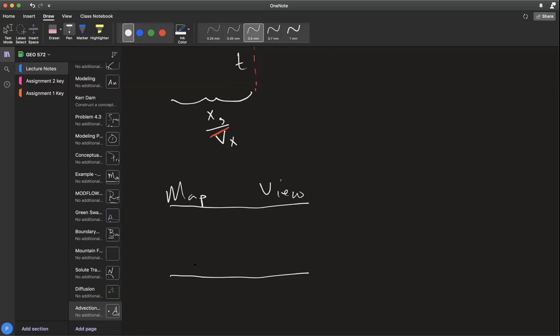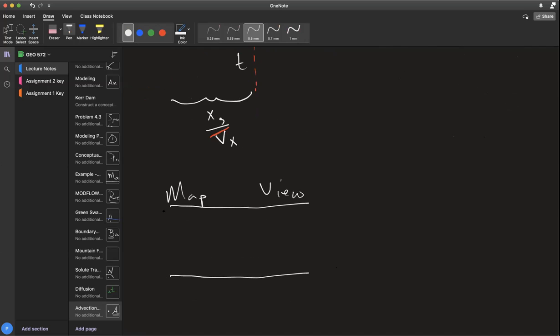So our water is moving at a constant groundwater velocity through a porous media from left to right here. And let's consider an injection of solute at an infinitesimally small point in an infinitesimally small time period.